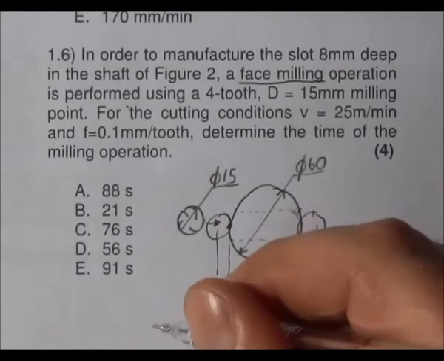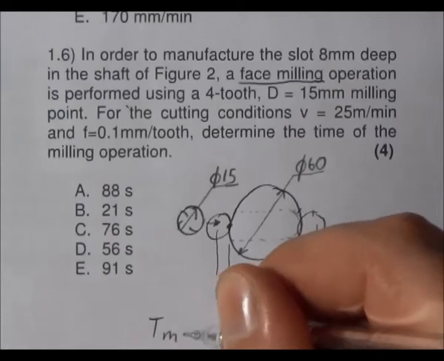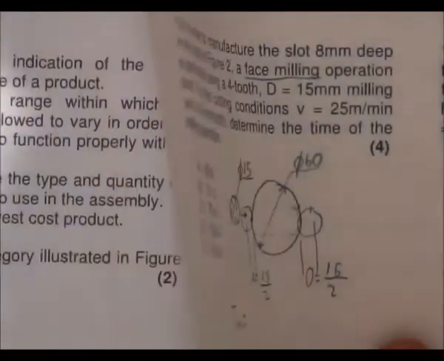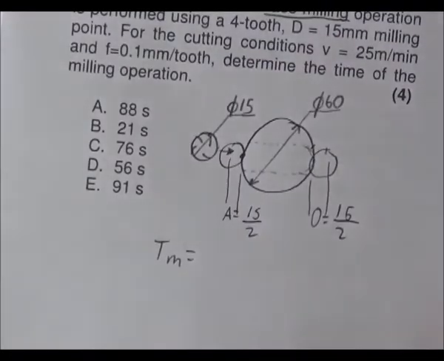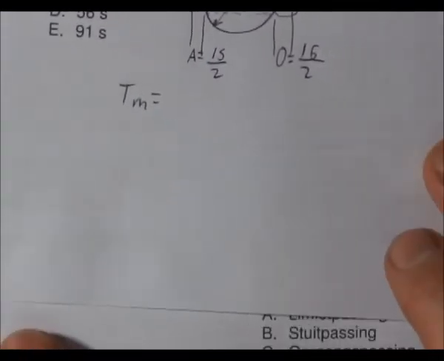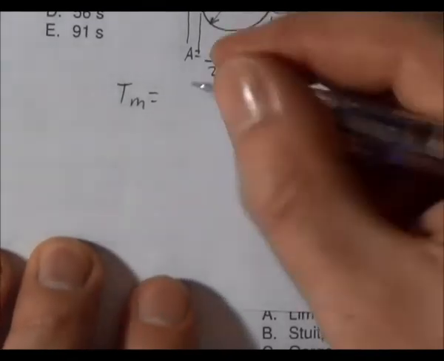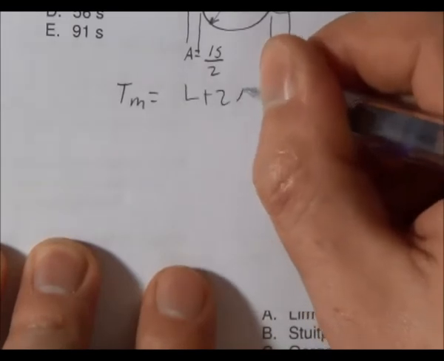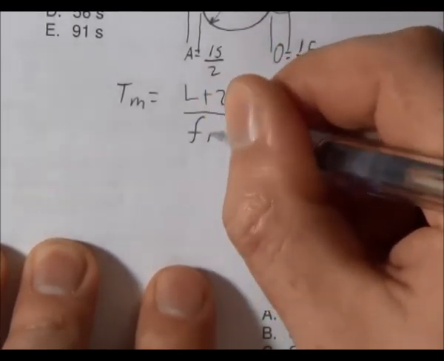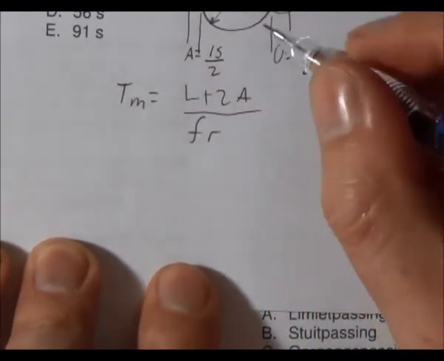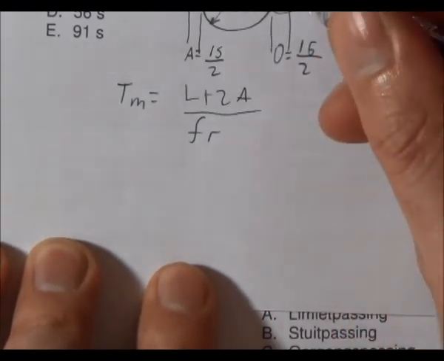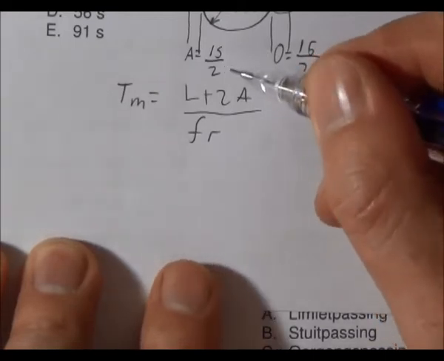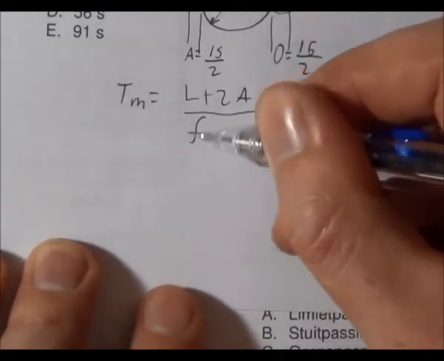Okay, so the time equation, time is equal to L plus 2A over FR. So L is 60 in this case, A is equal to 7.5, but we still need to determine FR.